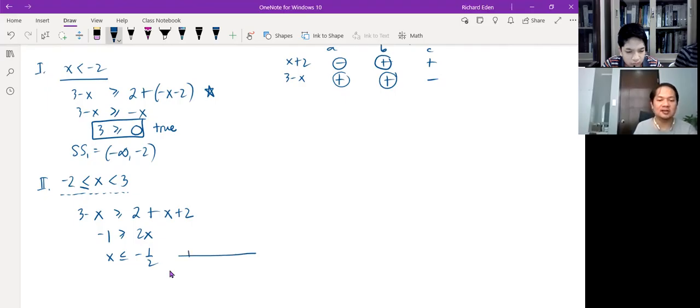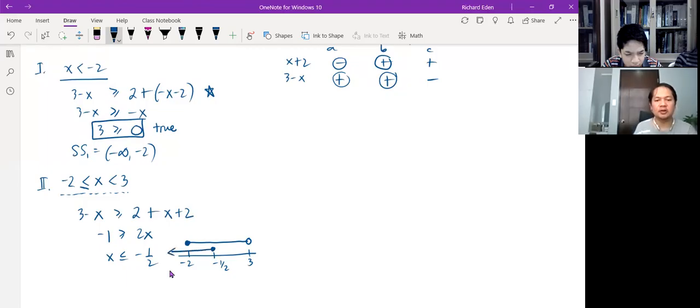So here is negative 2, and here is 3. So these are the values being considered in the second case. However, in addition, we want x to be less than or equal to negative 1/2.